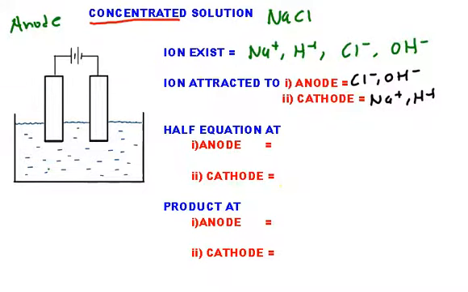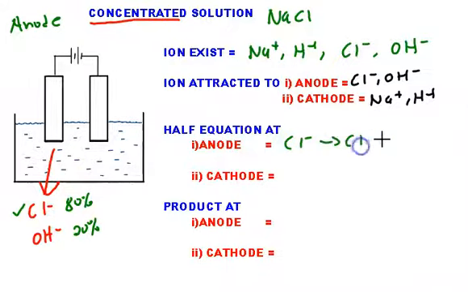Now at your anode, you have chloride and hydroxide. Please remember the percentage I mentioned just now: this is about 80% and this is about 20%. So chloride will have the highest possibility, and you will have chloride ion being discharged, and it appears as a diatom.